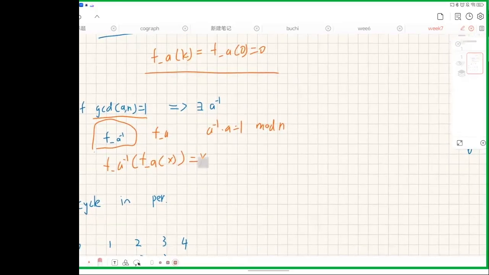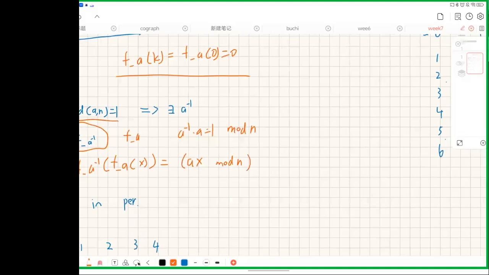Why? Because this one equals ax mod n, and then a^-1 mod n, which equals a times a^-1 times x mod n, equals x mod n.